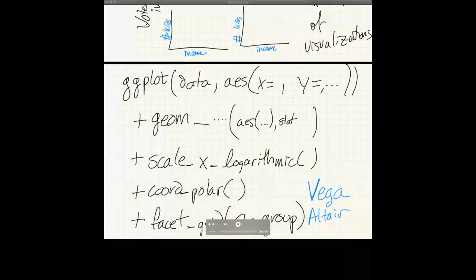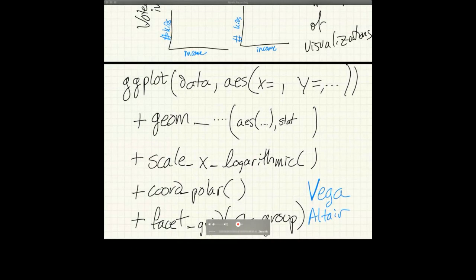Next week, I'll talk a little bit about how you go about telling a story with plots. But I wanted to give you this vocabulary so that we could get there. I need you to know that when we talk about a geometry, I'm referring to a pair of a shape and a statistic. I need you to know when we talk about rescaling the data that it's done by these kinds of scale constructs.